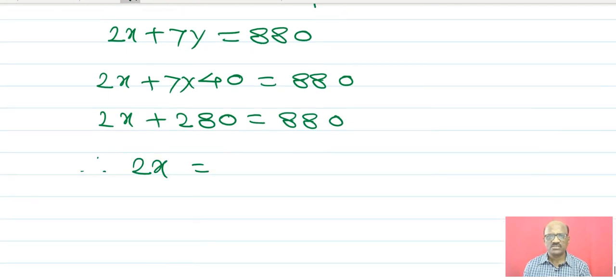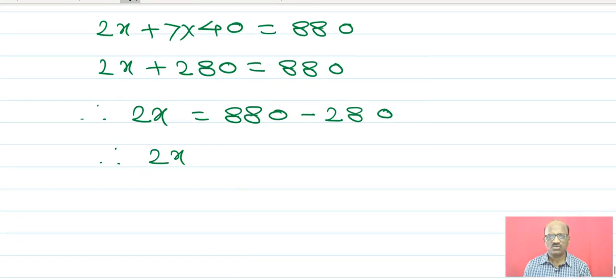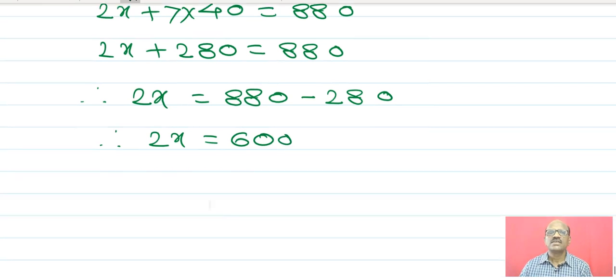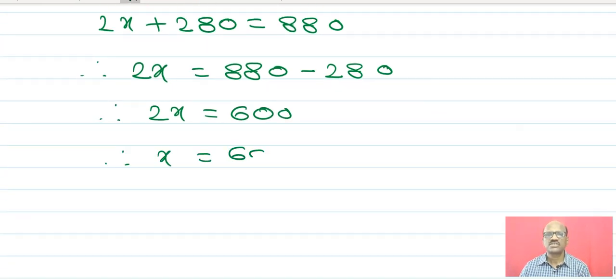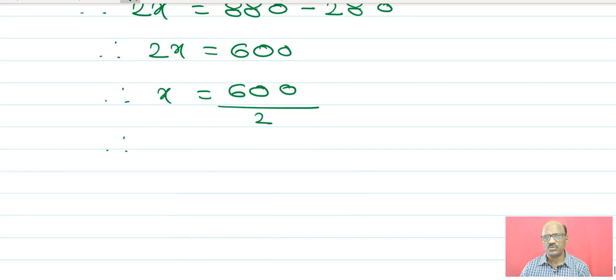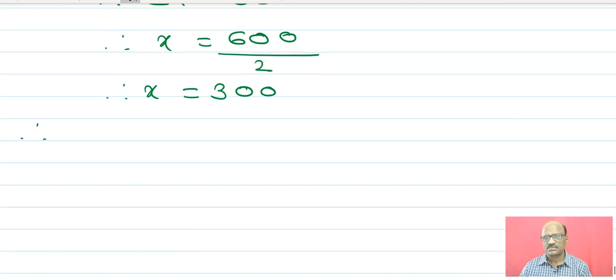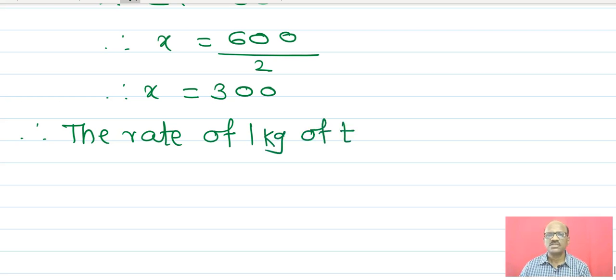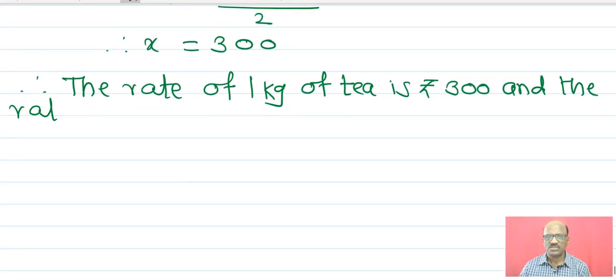Therefore, 2x is equal to 880 minus 280, and their subtraction is 2x is equal to 600. Therefore, x is equal to 600 upon 2. Therefore, x is equal to 300. Therefore, the rate of 1 kg of the tea is rupees 300, and 1 kg of sugar is 40 rupees.